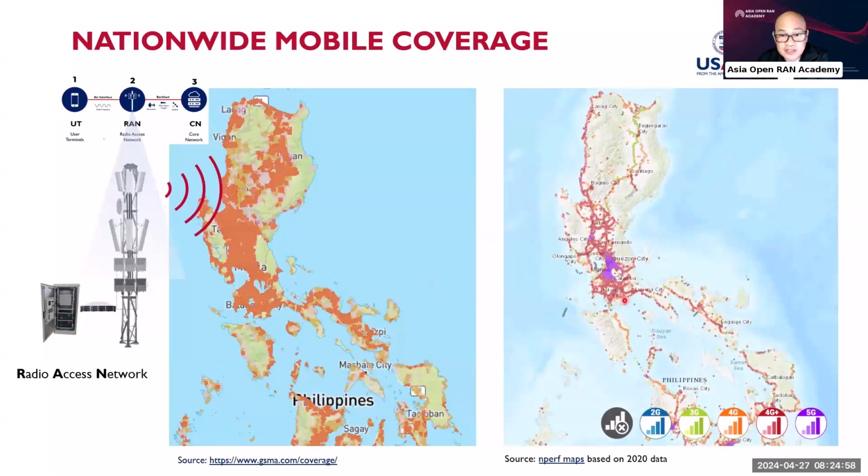So you can see here in the right corner, we are building different sites in different parts of the country. The placement of the radio access network or cell sites is critical to ensure the users will have reliable and consistent access to the network services they need. So when planning the deployment of radio access network, the network operators like Globe, Smart, or Dito consider various factors.